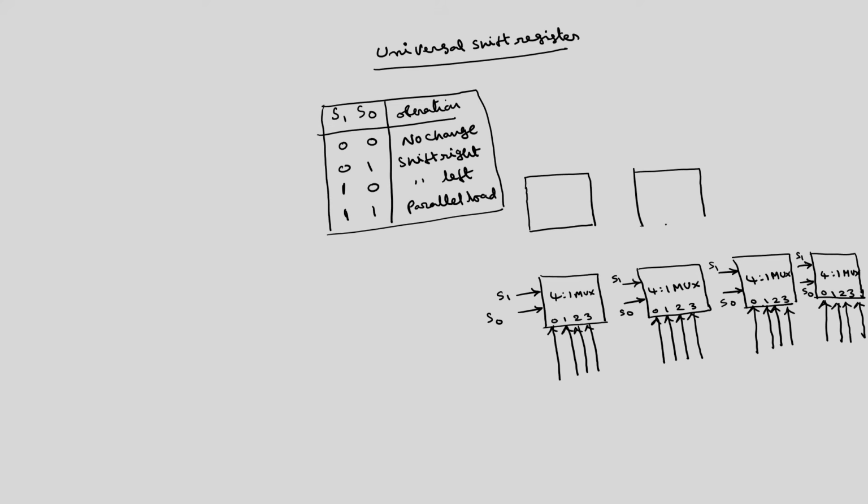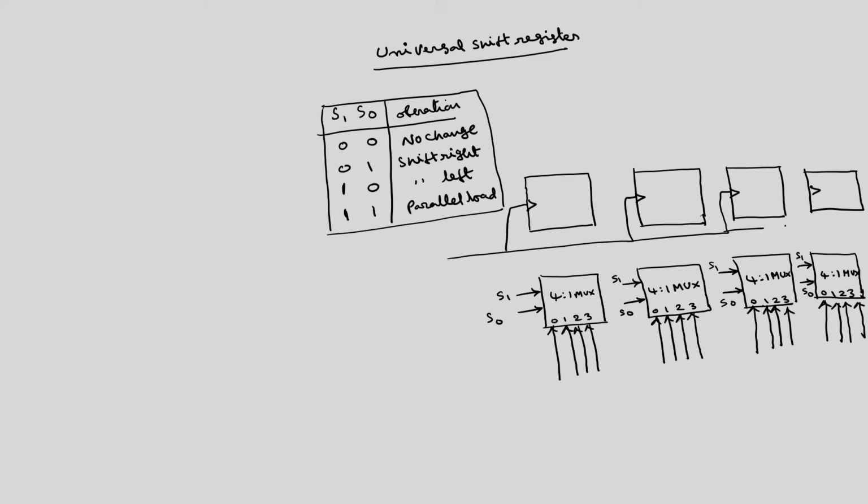So, basically these 4 multiplexers are going to drive 4 D flip flops. These are 4 D flip flops with a common clock signal, and you can also provide the clear signal similar to the previous counter.